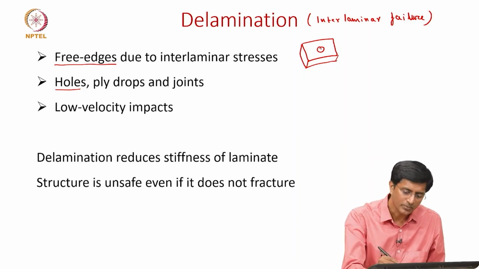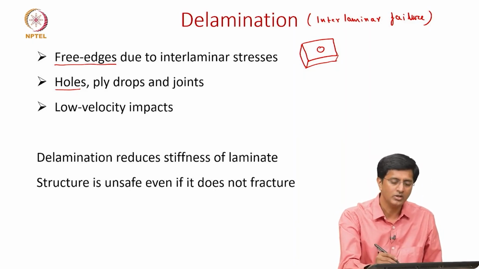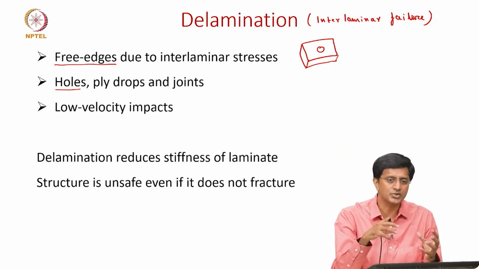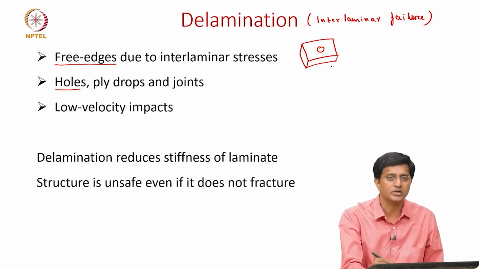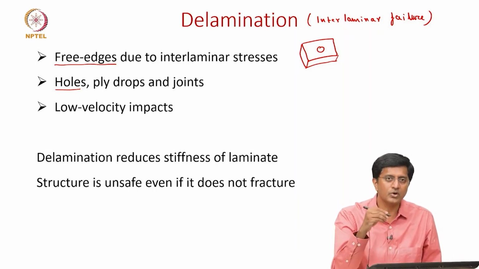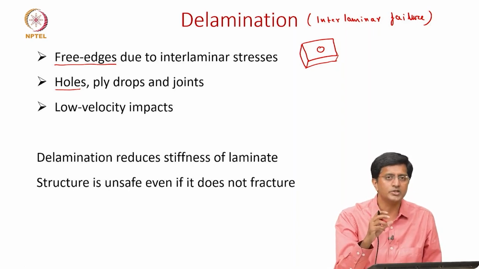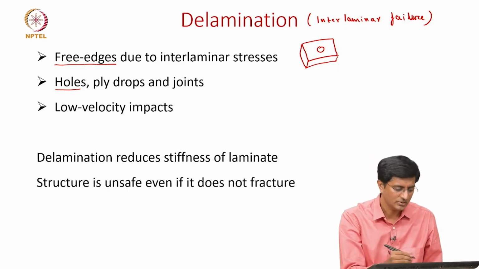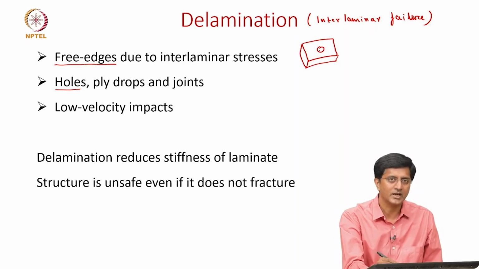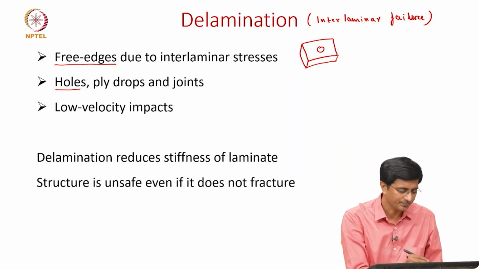Once you drill a hole, you again create a free edge, because the surface of the hole is exposed to the outside, so it is acting as a free edge. That is why close to the hole there is a good chance of free edge delaminations.